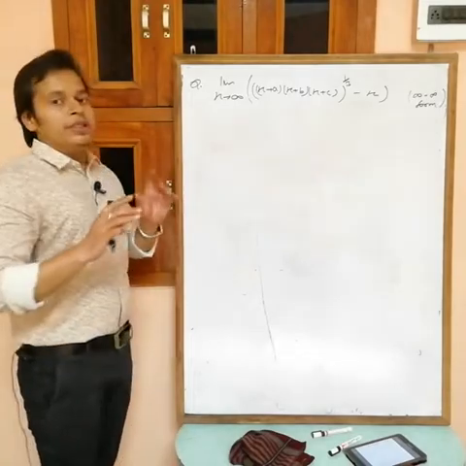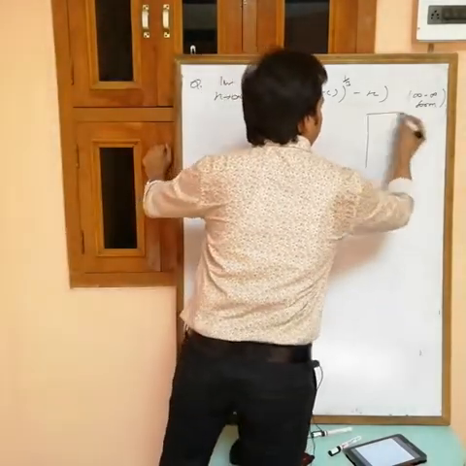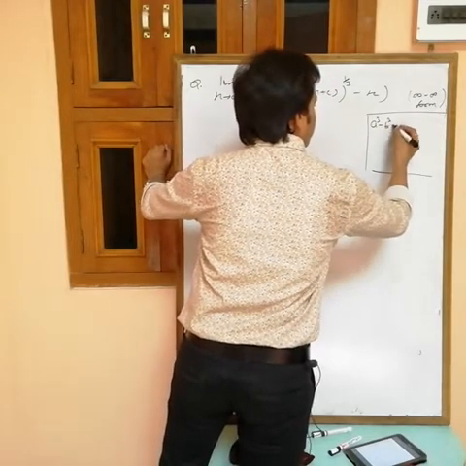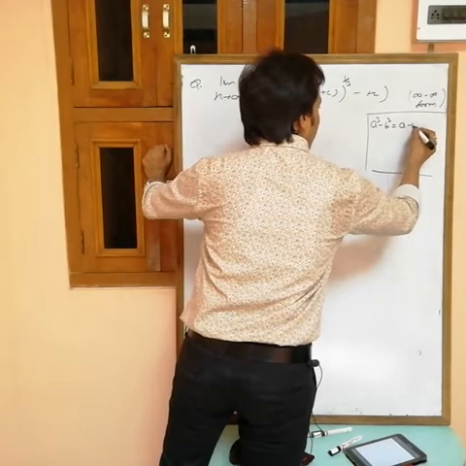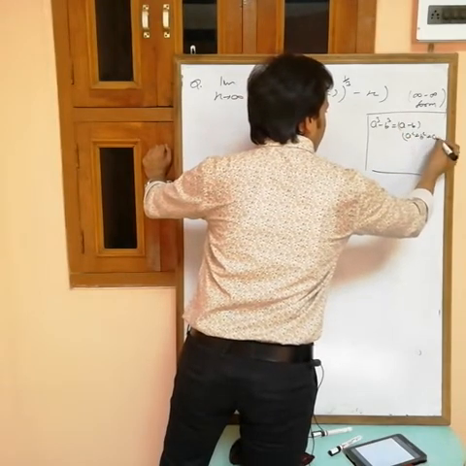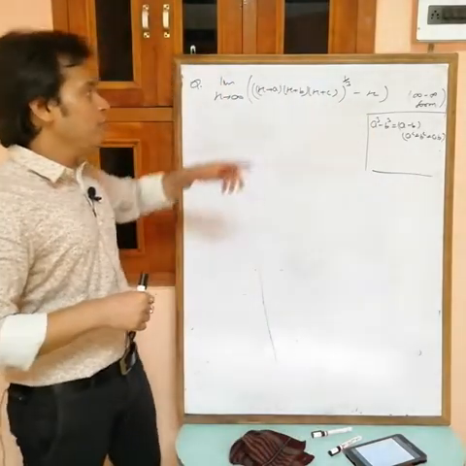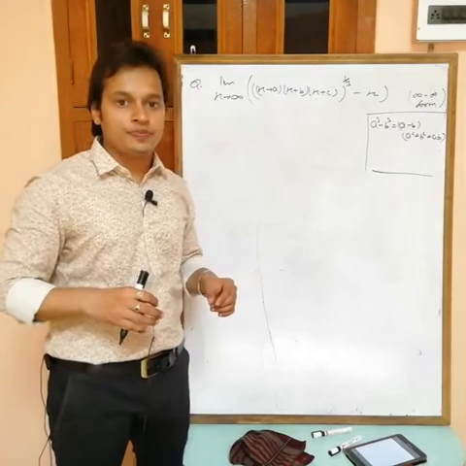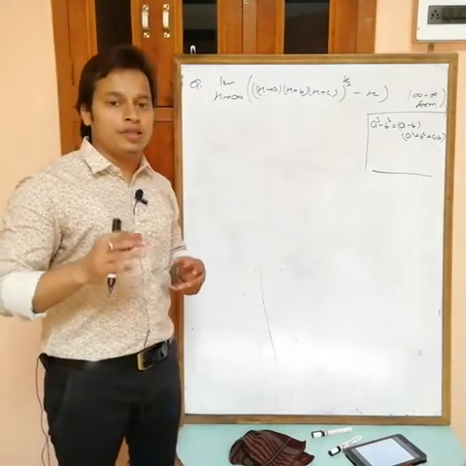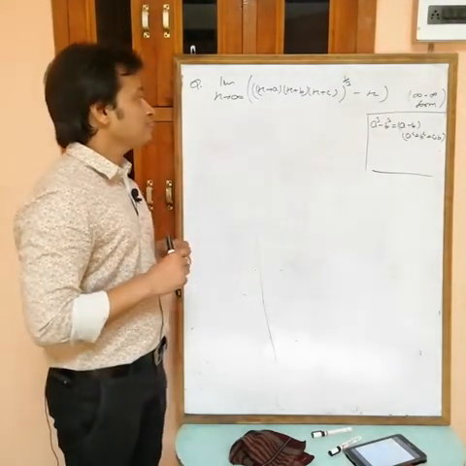Now you have to remember one thing: a cube minus b cube is equal to a minus b into a square plus b square plus ab. Actually now I have a problem with the power 1 by 3. If there is a power 1 by 3, how can I simplify?